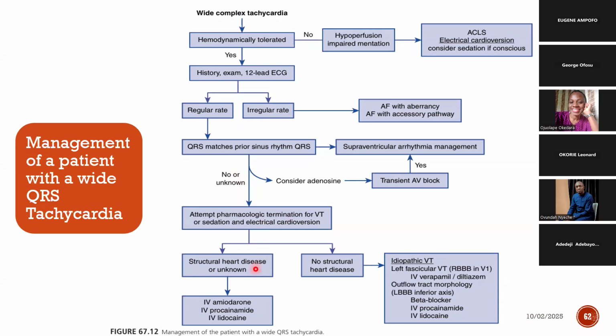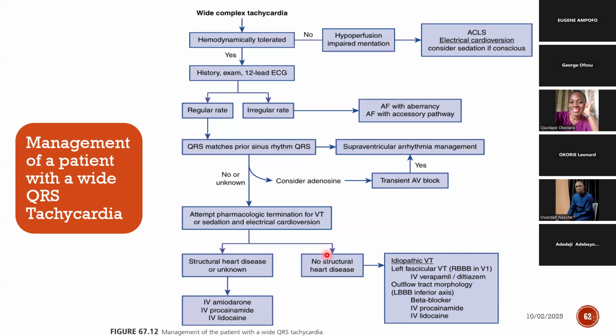We also have to consider whether the patient has a known structural heart disease, or unknown, or has no structural heart disease. For patients who have structural heart disease or it is not known, the treatment of choice will be IV amiodarone, IV procainamide, and IV lidocaine.